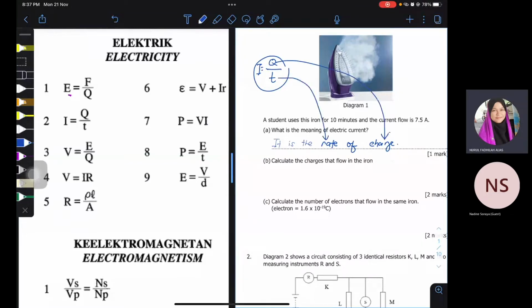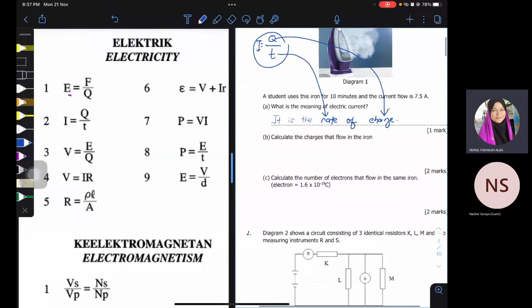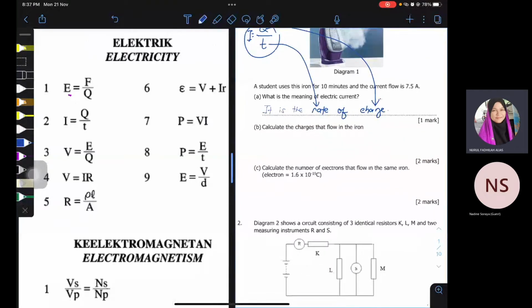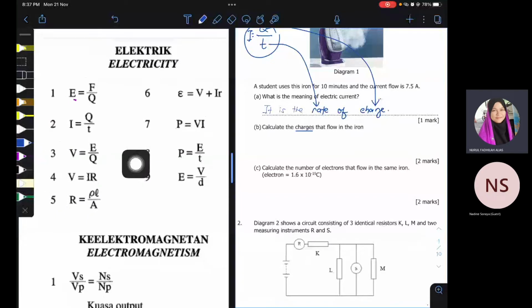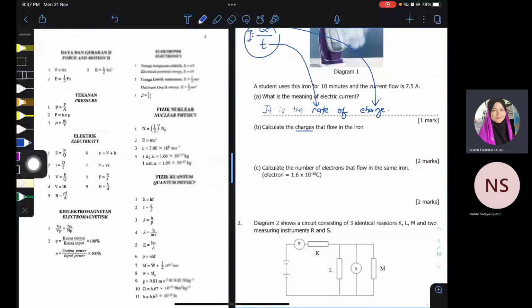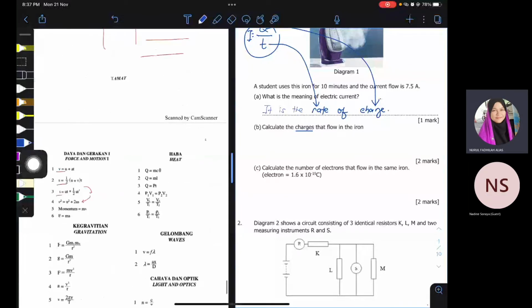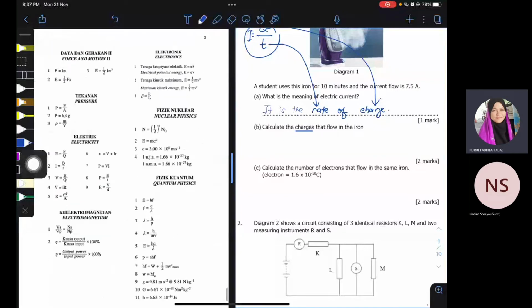Calculate the charge that flows in the iron. This one is 2 marks, but the question is very direct. The question wants the charge. So again, check the formula sheet. During the exam, whenever there is a calculation or definition, you can check the formula sheet given in SPM. Look at topic electricity. The question wants charge.